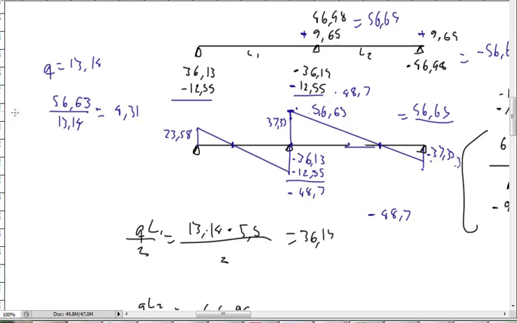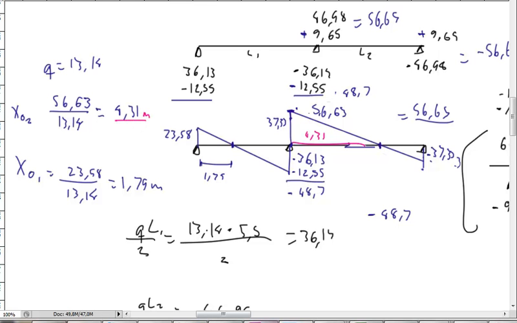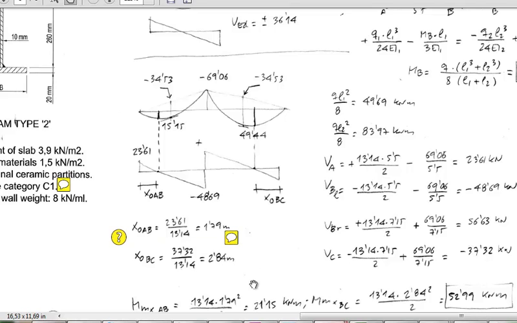Oh, sorry, for the second part, we believe that's 23.58, this one, divided by the same, because it's the same Q value. So it's 23.58 divided by 13.14, and that's 1.79 meters from this distance. So 1.79, and in this distance, this distance is 4.31. Checking the answer, 2.84.